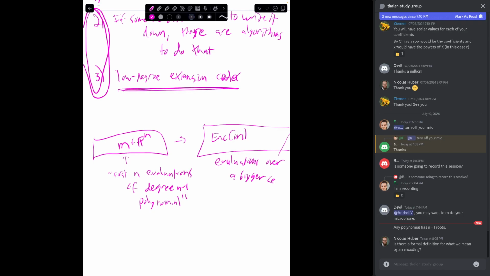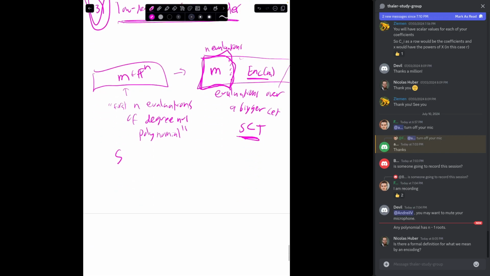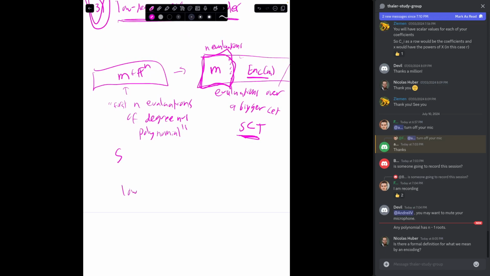People call this low degree extension because, if the bigger set is a strict superset of the smaller set, say the interpolating set is S and the bigger set is T, and S is a strict subset of T, then this code is what's called systematic, where the first n evaluations are M. The message itself is a subset of the encoding, but the encoding adds extra evaluations. It's adding redundancy. That's why this would be called the low degree extension code.